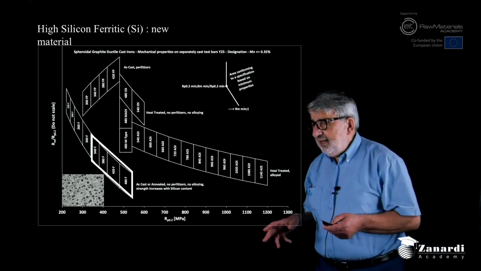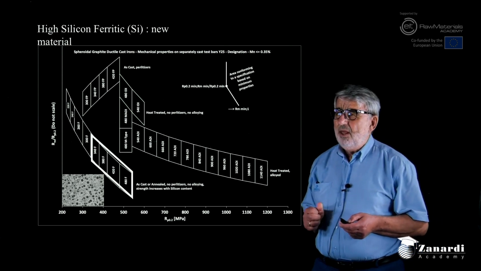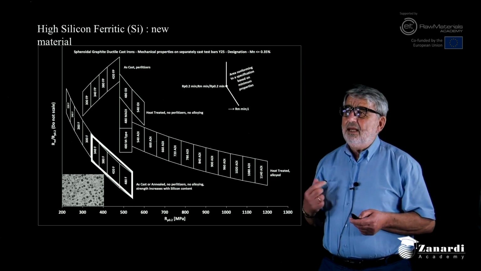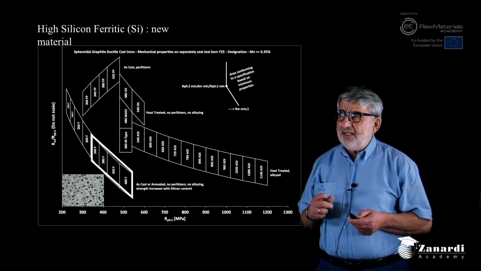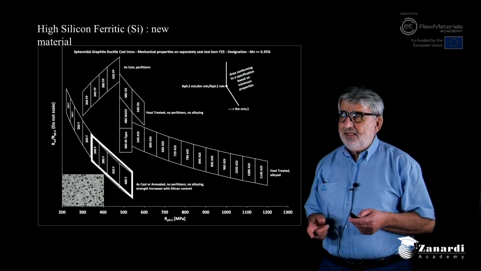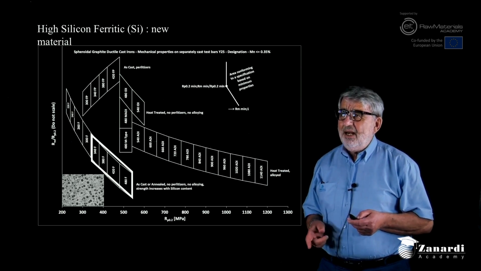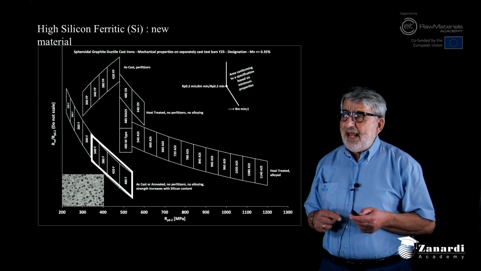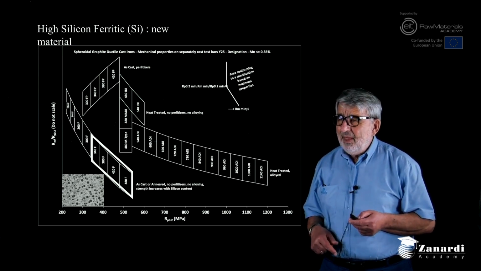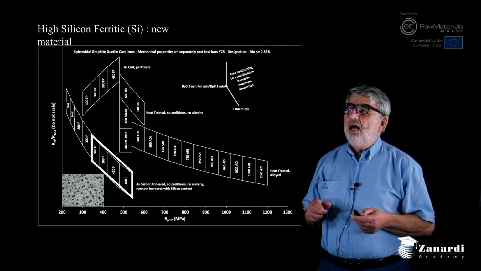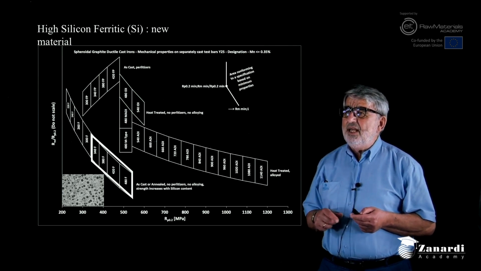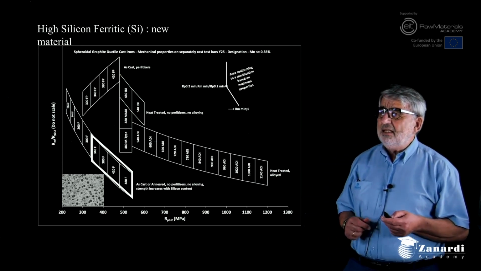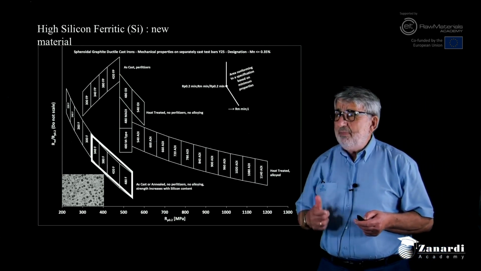So the high silicon ductile iron's mission should be to replace the ferritic-pearlitic as-cast grades, obtaining an equivalent yield strength, only strengthening the ferrite with silicon increase up to 3.5 or even 4.3%.